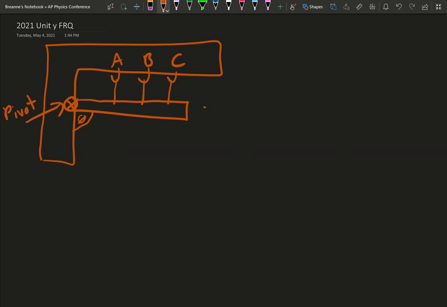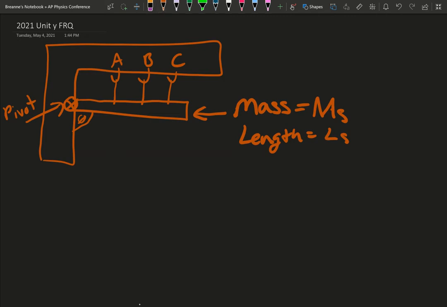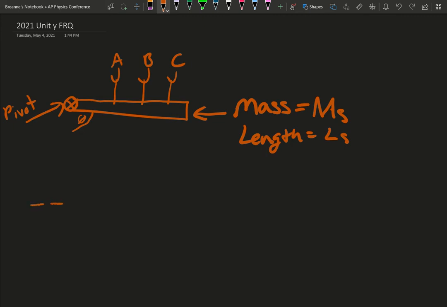And then this is labeled as mass equals ms, and length equals ls. So there we go, that's what it looks like. Just imagine it being straighter because it's kind of wobbly on my side. This side was definitely longer than the other one.